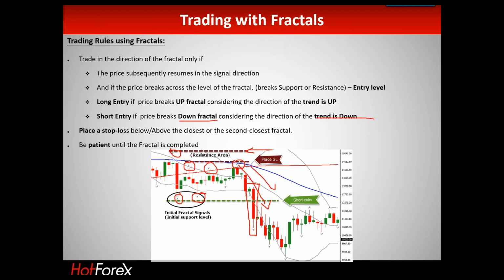If you want to wait, you can see that it confirms that it is likely to move to the downside for quite some time. So in the case of a short entry, you can enter the market short if the price breaks the down fractal, considering the direction of the trend is down, and a long entry could be taken if price breaks the up fractal, considering the direction of the trend is upwards.